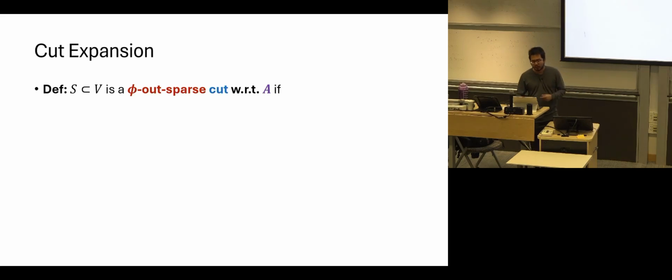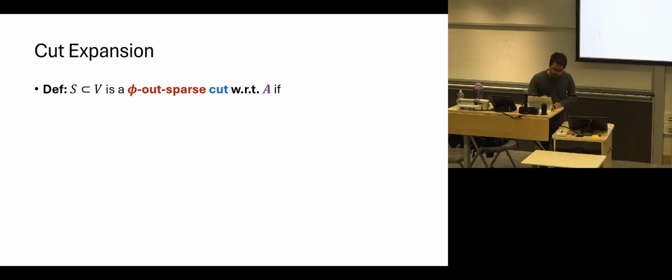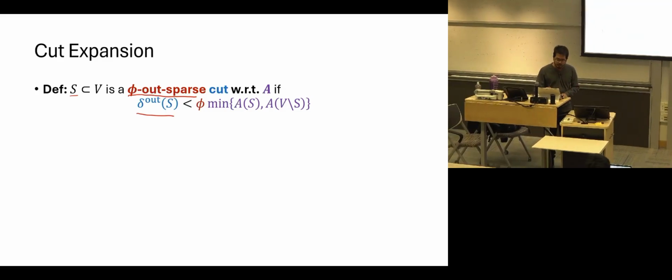So I need to talk about whether the cut is out sparse or in sparse. We say that this cut S is out sparse if the out cut size is small compared to the node weighting: S is out sparse with respect to A if the out cut size is at most A times the node weighting on the S side and the node weighting on the other side of S.